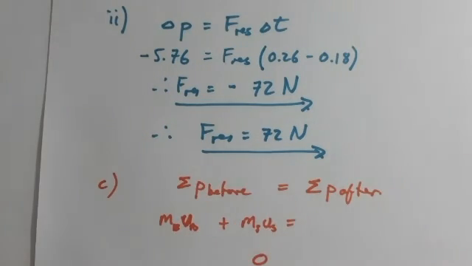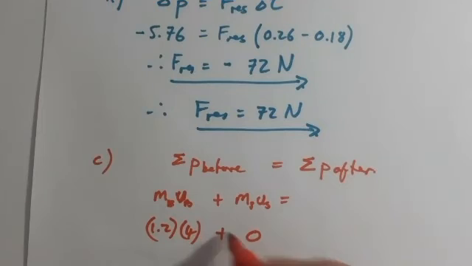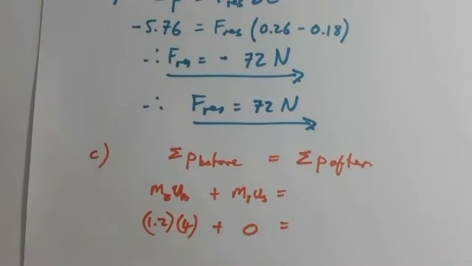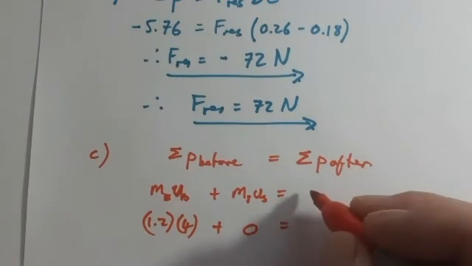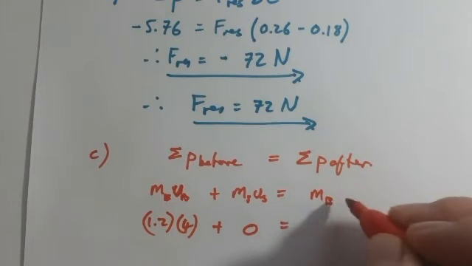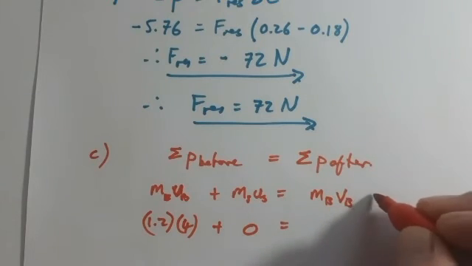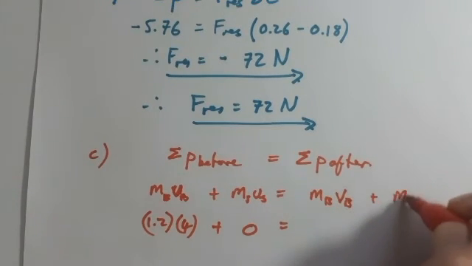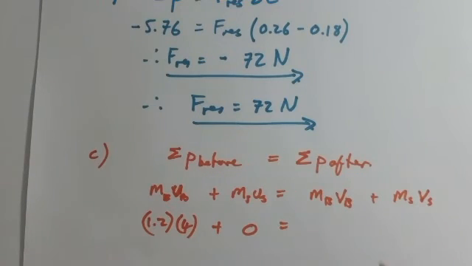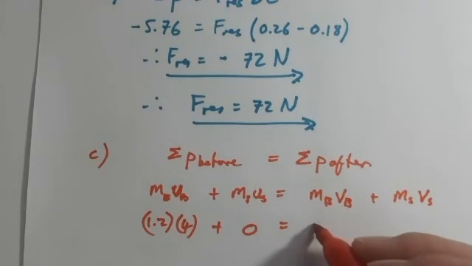This is easy, that one is 0. This one is the 1.2 times my 4, and I have my initial. After, I again have mass of B, V of B, plus mass of S, V of S. Mass of B is the 1.2.